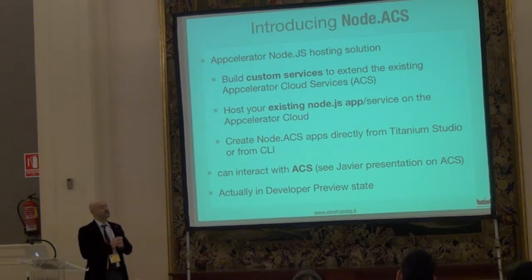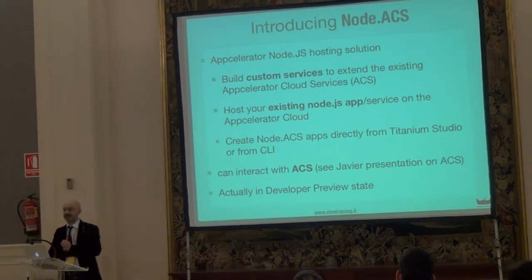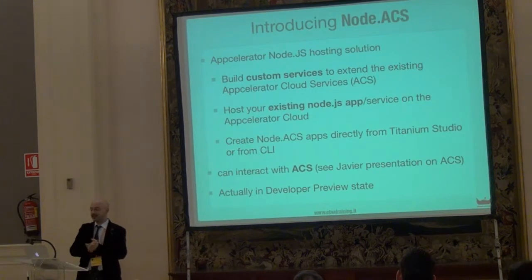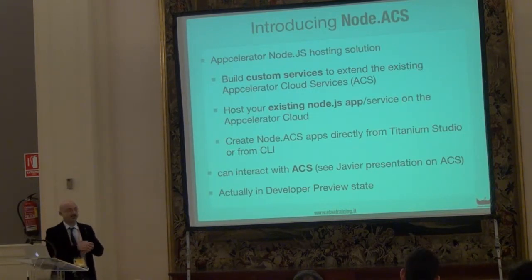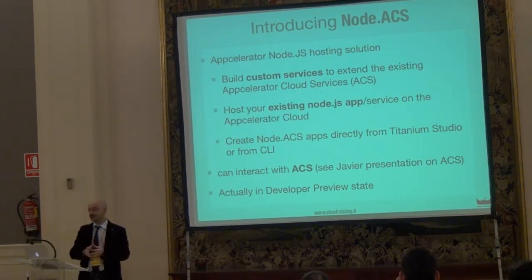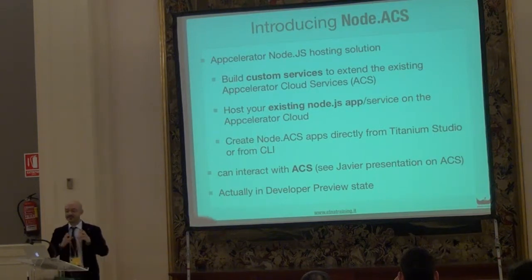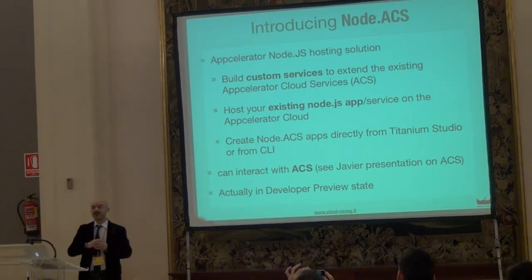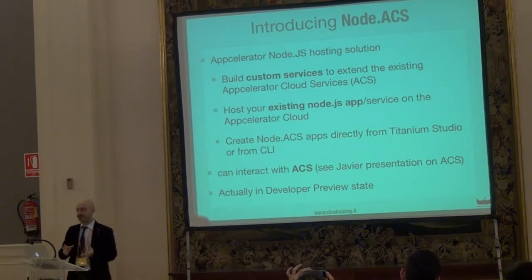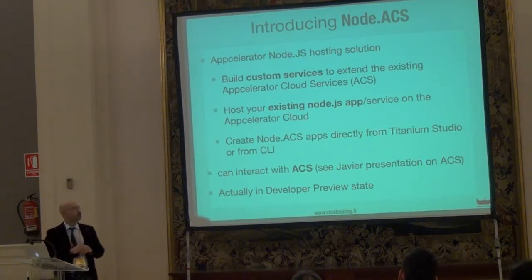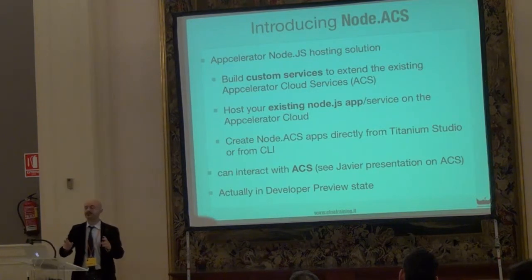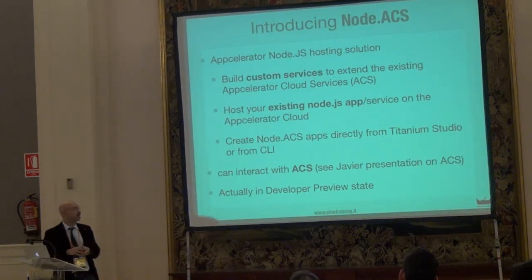But let me introduce now Node.ACS. What is Node.ACS? It's the Accelerator Node.js hosting solution. This means that you can take your existing Node.js application or services and push them in an easy way to the cloud, to the Accelerator cloud. Moreover, you can use it to build custom services for ACS.